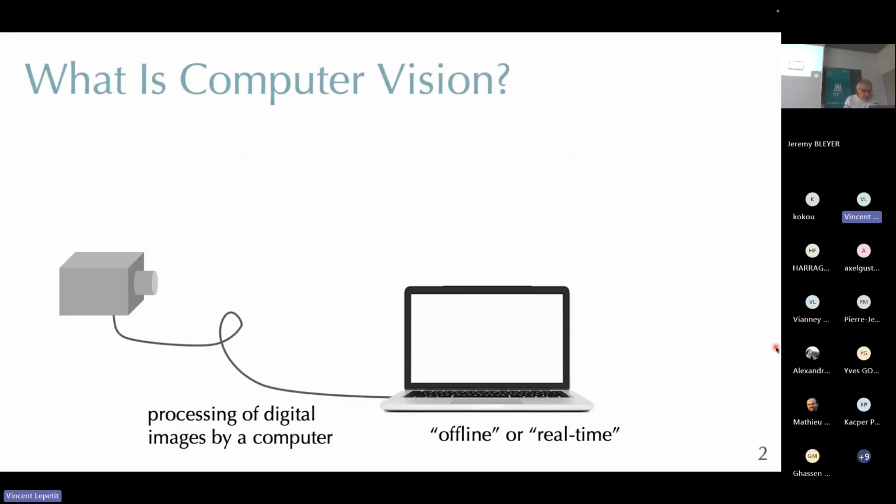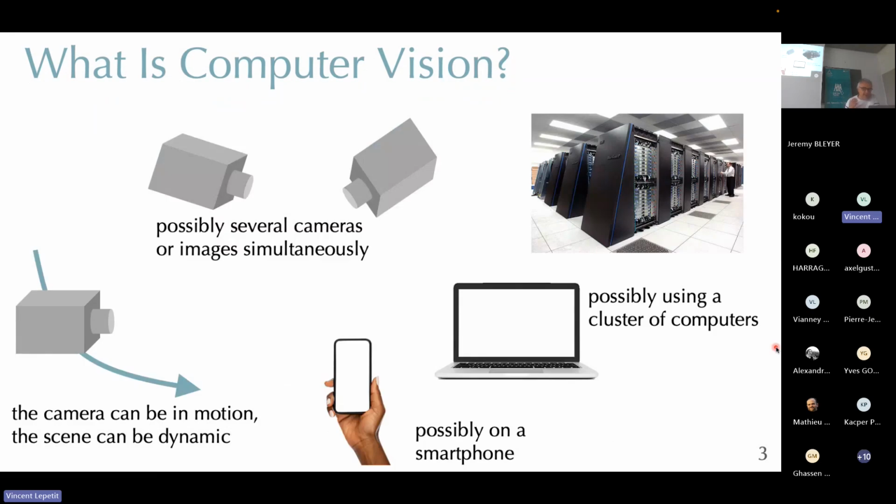Computer vision is a very, very general, very broad field. It's almost anything that you can do with a computer and a digital image. Maybe you have a camera on your laptop, and the laptop could do something with these images. It can be one camera, it can be several cameras.